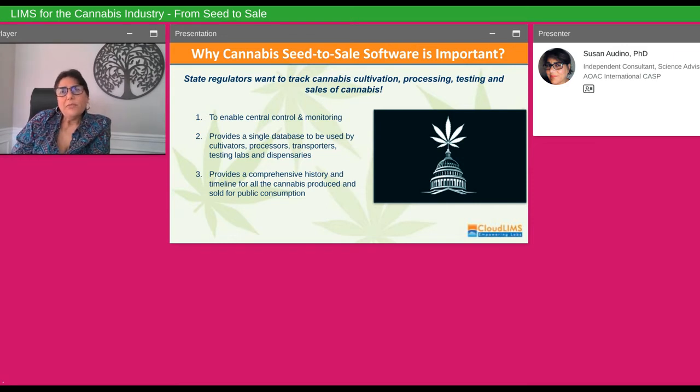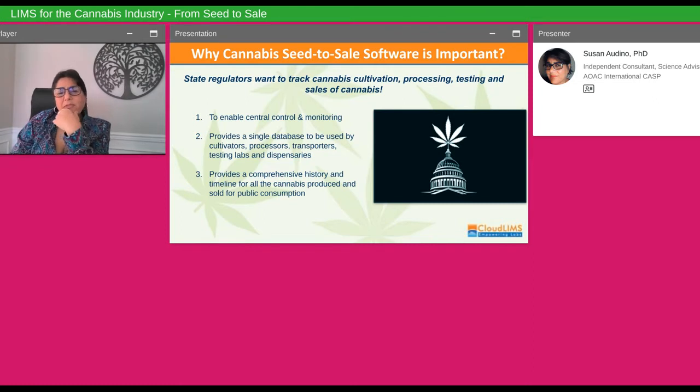It also provides a single database, one database that you can go into and look at what's happening with that particular product. So we have cultivators who can pop in, we have processors who can pop in, testing laboratories, dispensaries. You can all just kind of pop in and see what's happening with that product and how it's affected your particular component of this industry, wherever your services lie.